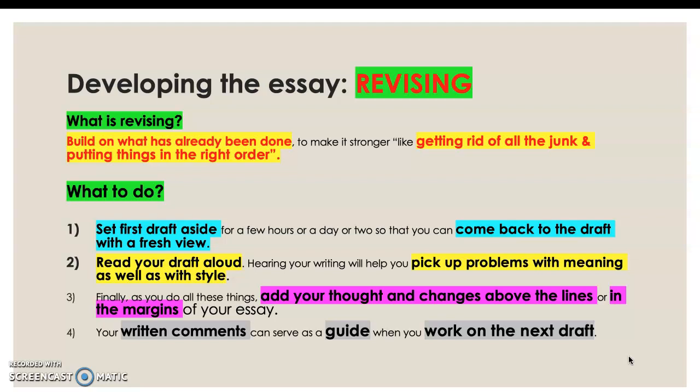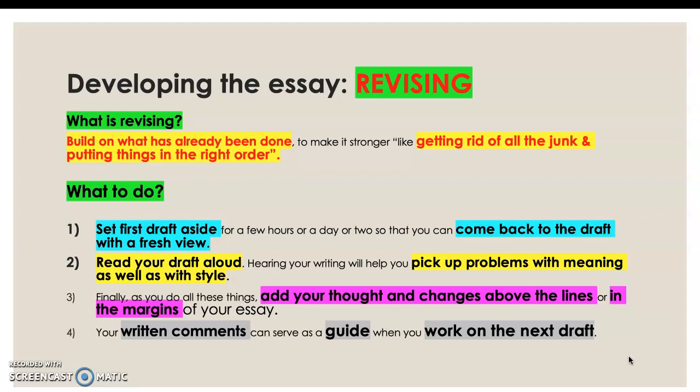These written comments will guide you in writing the next draft, which is not going to be like another first draft. It is an improvement of the first draft. So this gives you a more organized way of writing. This doesn't only apply to writing an essay.